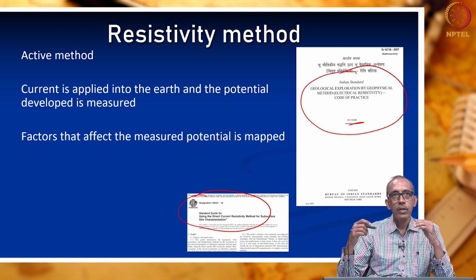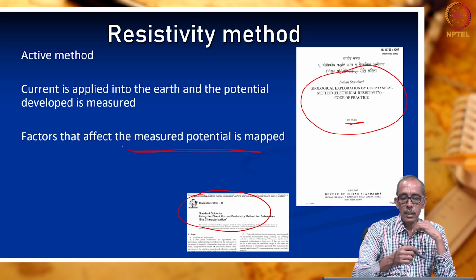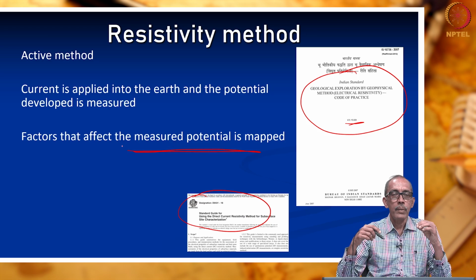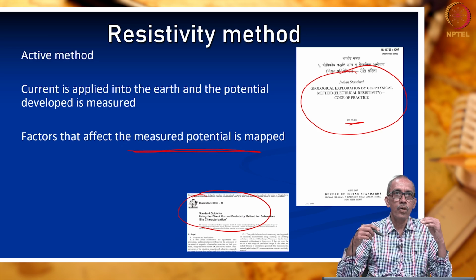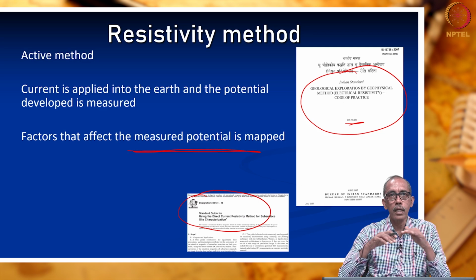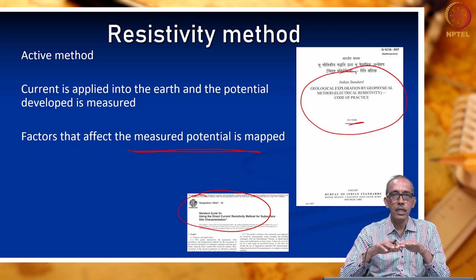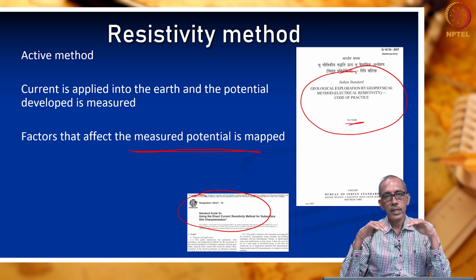That means what we are going to do? We are going to measure the potential, and the measured potential is controlled by some factors of the subsurface of the earth. Here, since we are talking about resistivity, let us take an example of the presence of water below the surface. Imagine just beneath the ground surface, the formation is completely saturated. That means it is completely wet, right? That means the water table is almost near the surface of the earth.